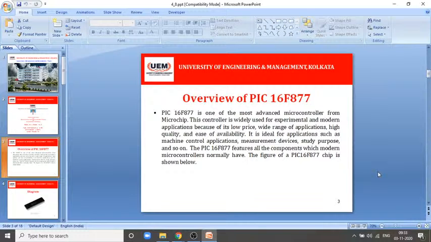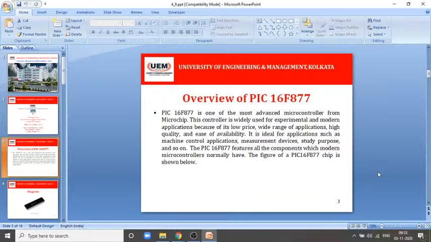So naturally we can come to a conclusion. What is PIC 16F877? It is an advanced microcontroller. It is developed by which company? It is developed by Microchip Corporation. Why is it used? It is used for experimental and modern applications.